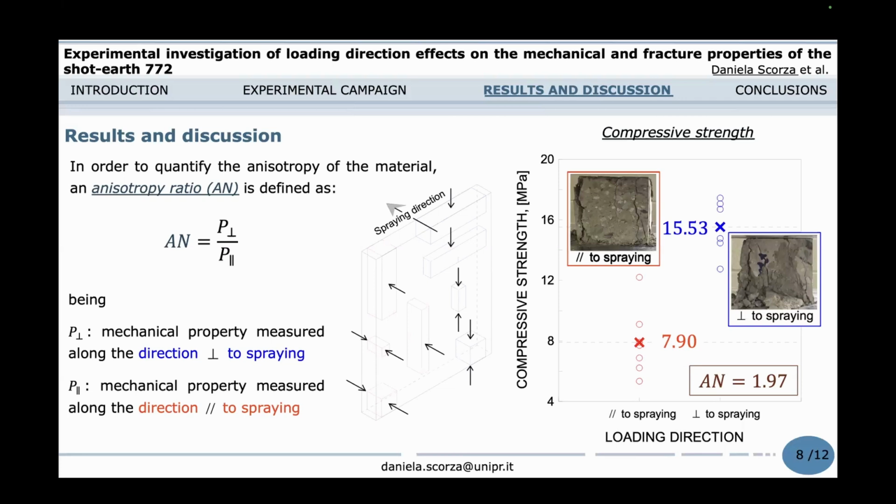Here, on the right-hand side, the results obtained from the compression tests are plotted, and we can observe that the mean value of the compressive strength obtained from the specimens loaded parallel to the spline direction is equal to 7.90 megapascal, whereas the mean value is equal to 15.53 megapascal for the specimens loaded perpendicularly.